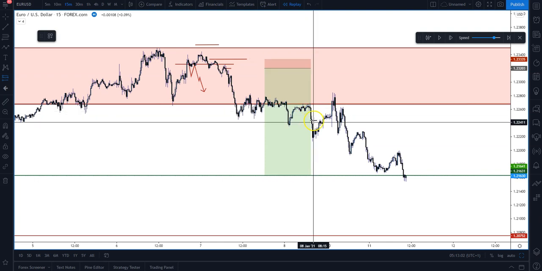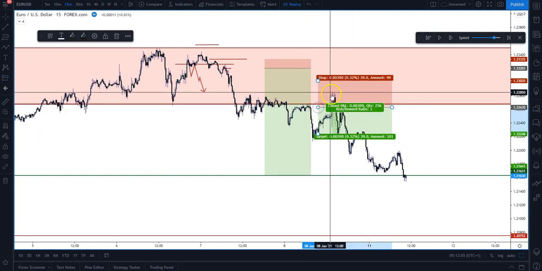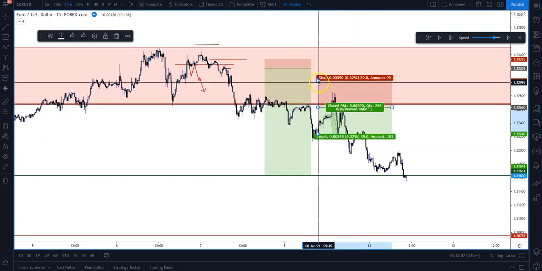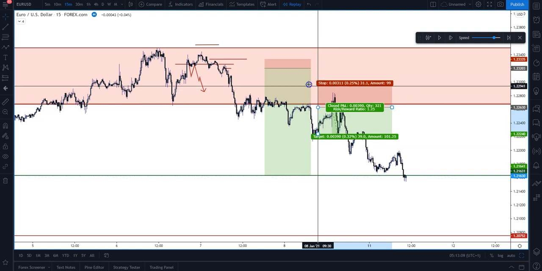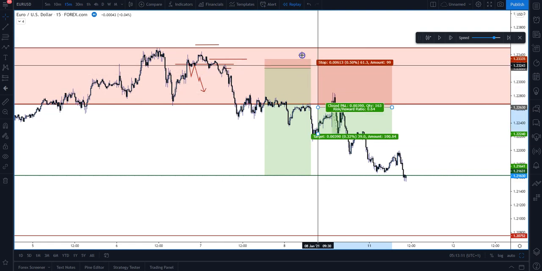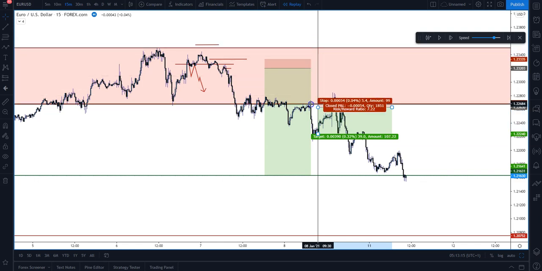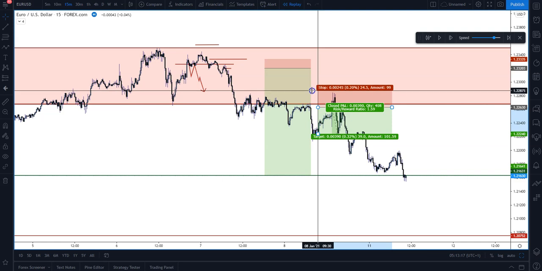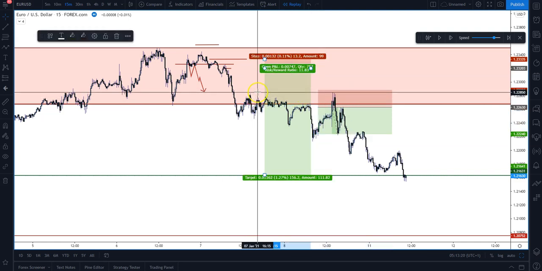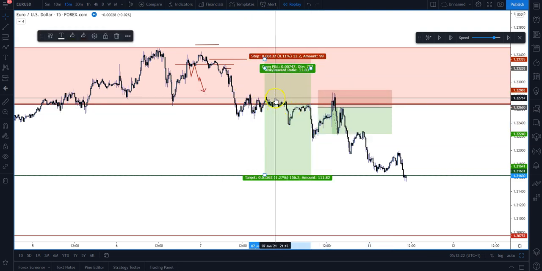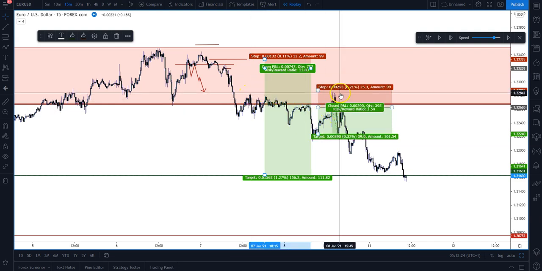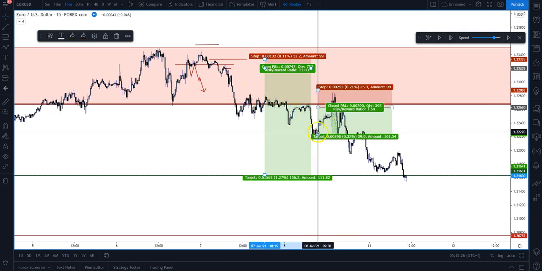So when it came down, you could have entered it right here, but doing so, there's really no area to put your stop loss. Like, you'll be in bad shape doing this. You could have put it up here, the previous high. Could have put it up there, and it would have almost hit it.